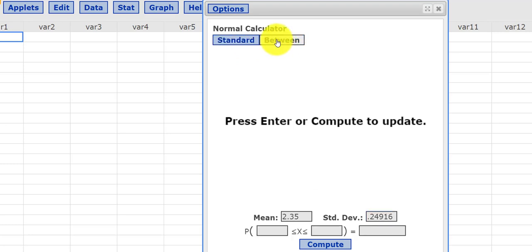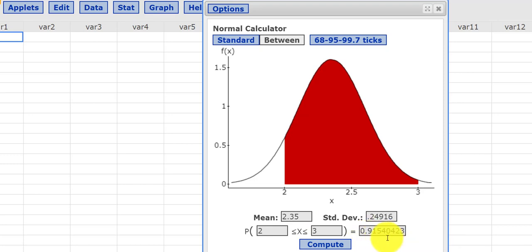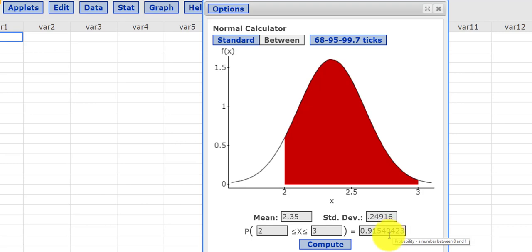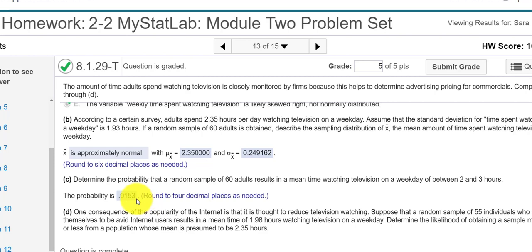So I select between up here on my normal calculator, and then I'm going to put my values in here, 2 and 3, and then I press compute, and there's my probability. Okay, 0.9154. So I take a look at the homework, 0.9153. So it looks like I'm off a little bit, but the computer is set to accept plus or minus 1,000th. So we should be okay there.